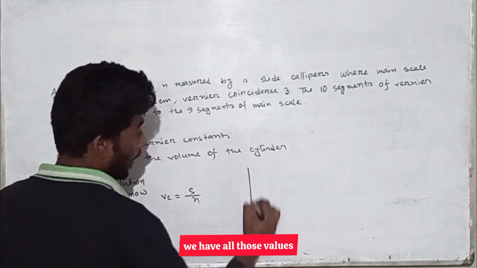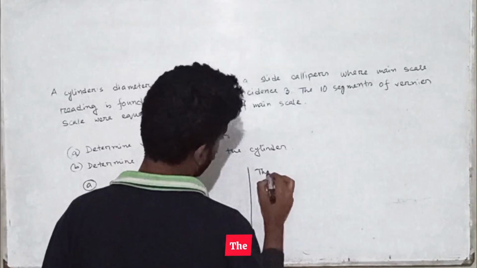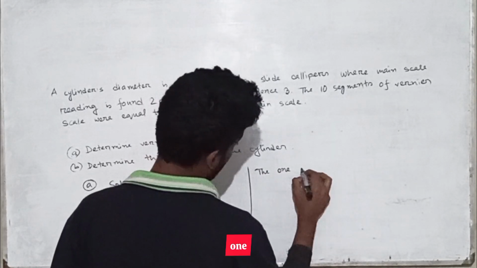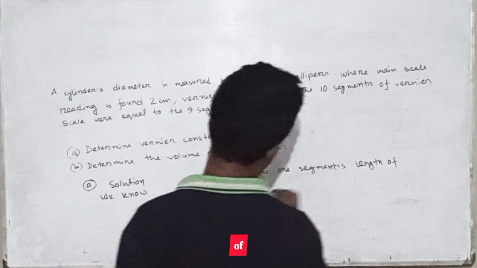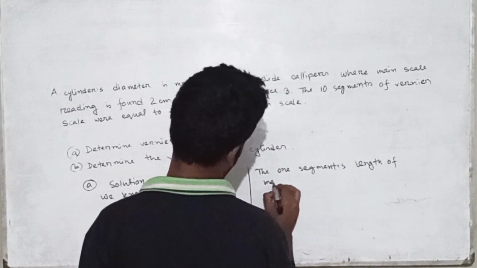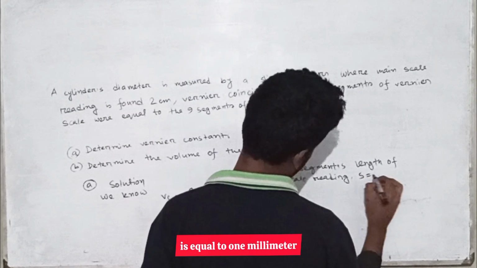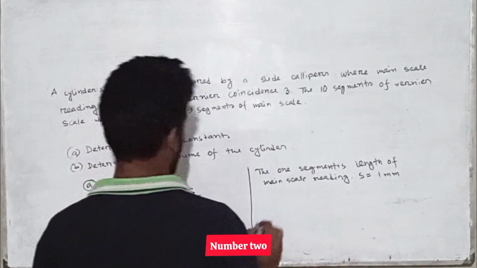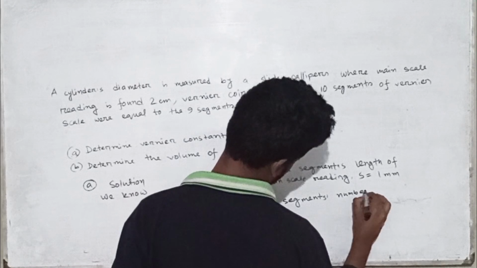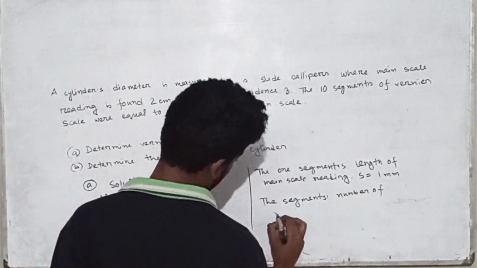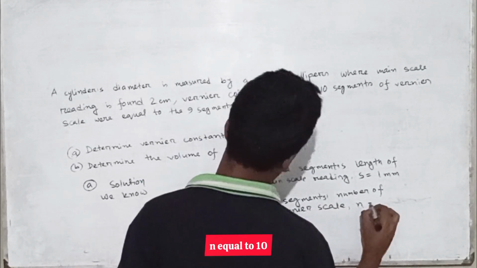Okay, we have all those values, then we'll have to read them. One segment's length of main scale reading is equal to 1 millimeter. Number 2, the number of Vernier scale segments.